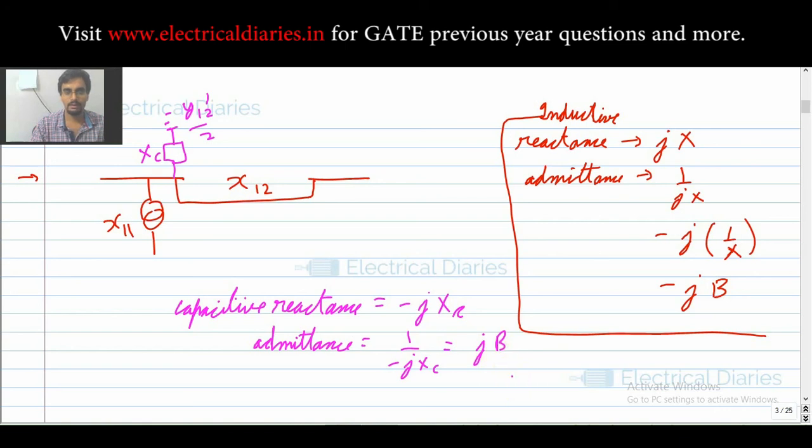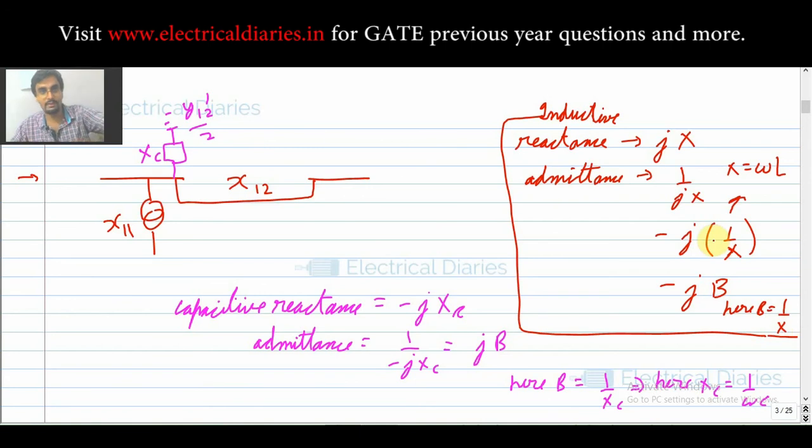Remember here your b is 1 upon xc, where xc is 1 upon omega c, and for this thing your x is omega l. So here b is equal to 1 upon x. So I hope you know, just never confuse the inductive reactance and capacitive reactance. This is the major mistake that people do.